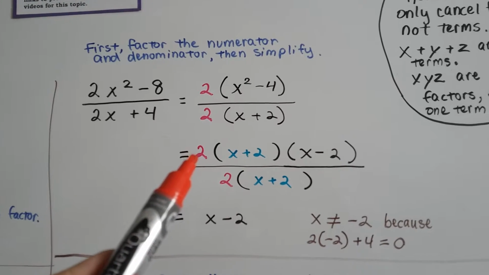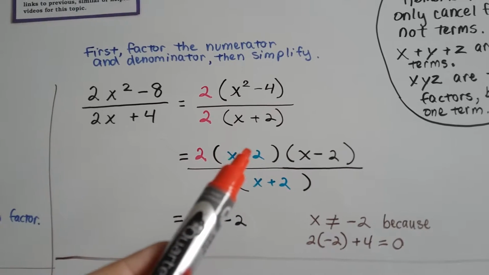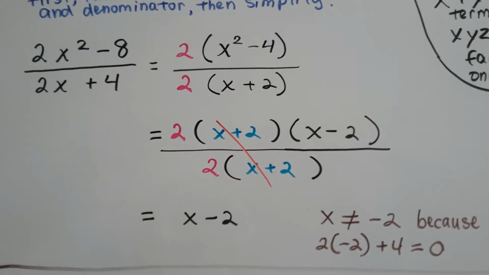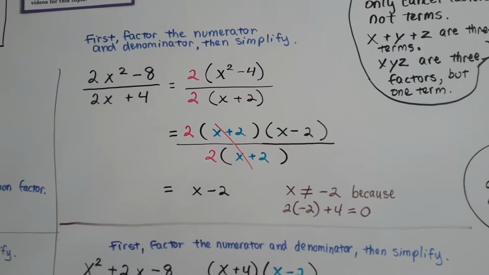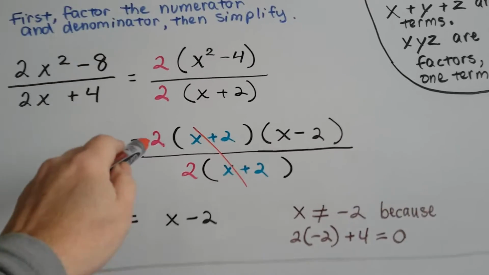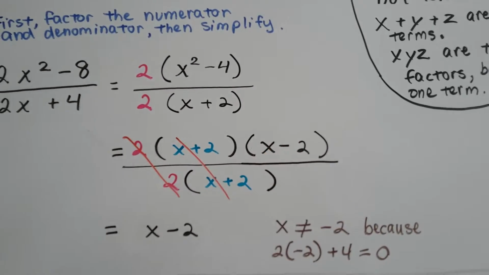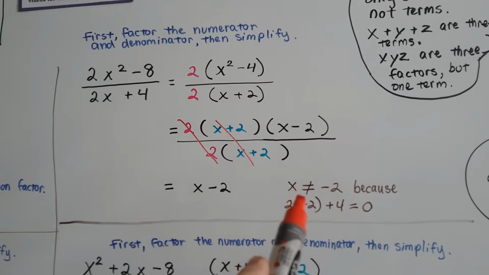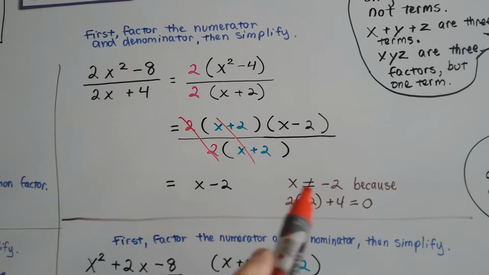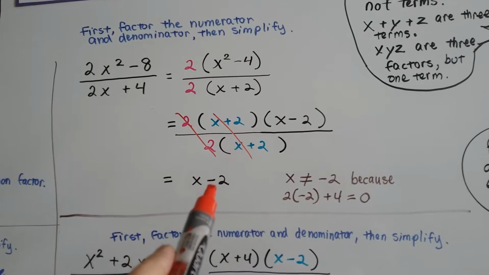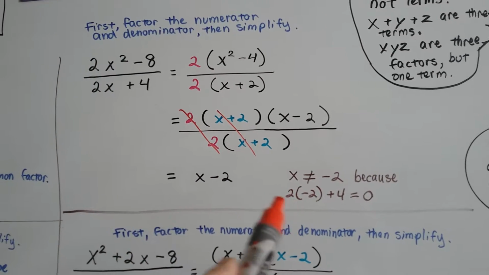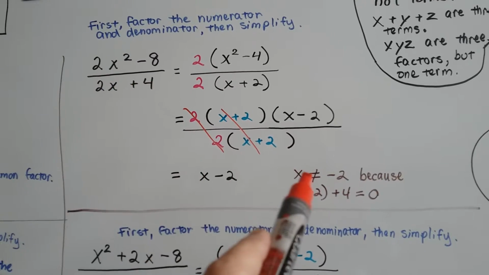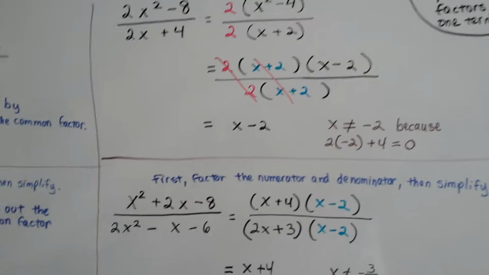And we end up with an x plus 2 in the numerator and an x plus 2 in the denominator, and we can cancel those out, can't we? So all we're left with is the x minus 2, see? As long as the x doesn't equal a -2, because a -2 wouldn't work, see? If we had 2 times -2, that would be -4 plus 4. That would be a 0, wouldn't it? All right?